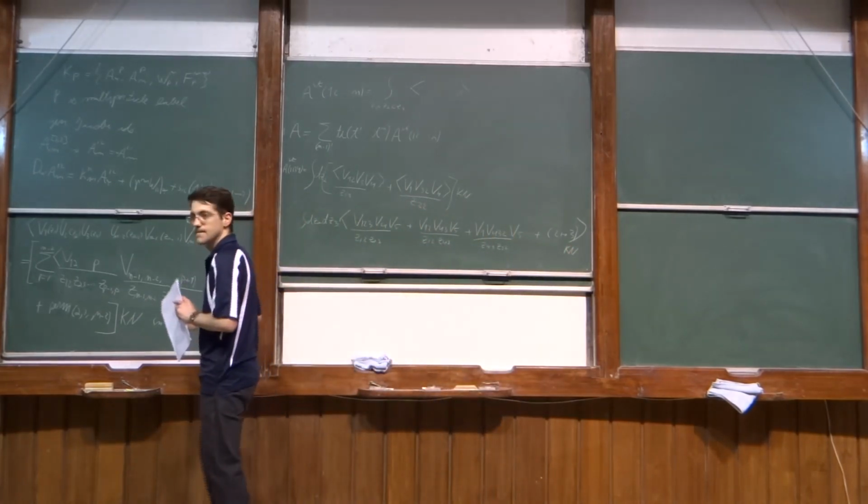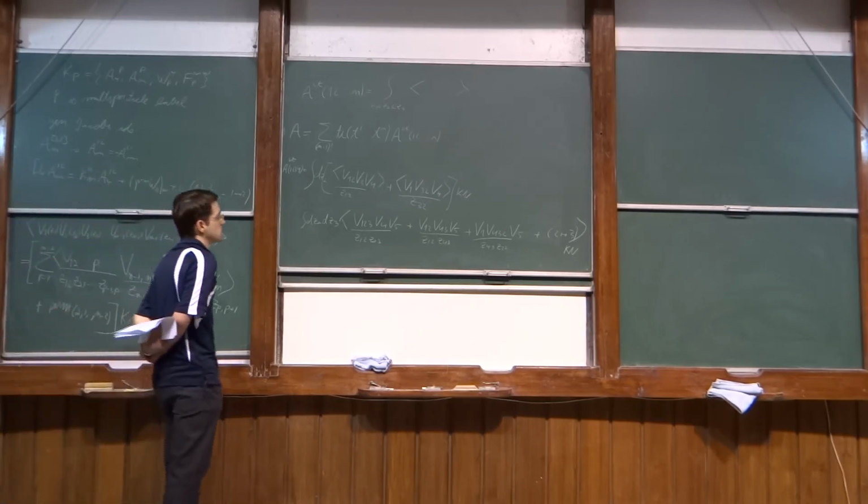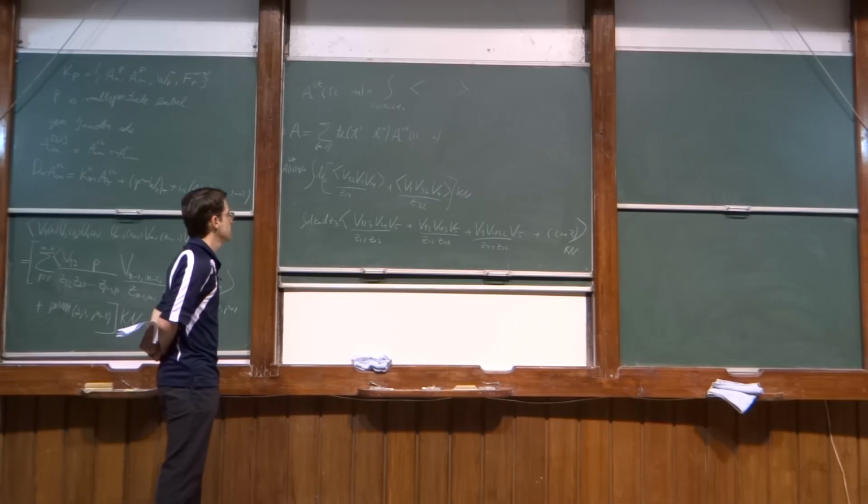So if you have this many symmetries, in each color ordered amplitude, how many independent factors are there? N minus 1 factorial. It's the cyclic orbit.